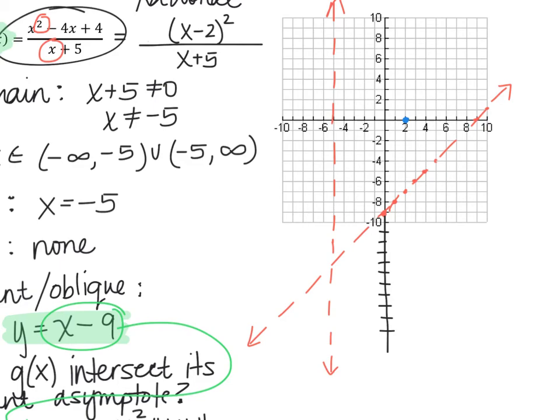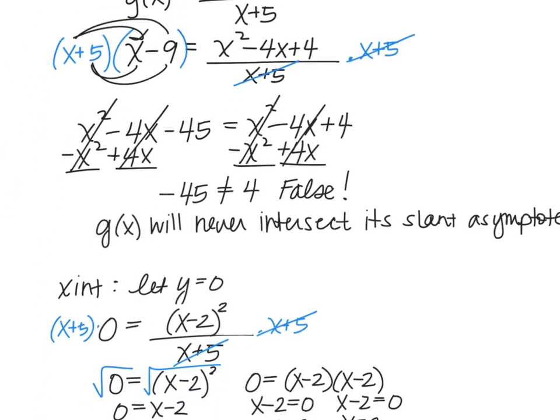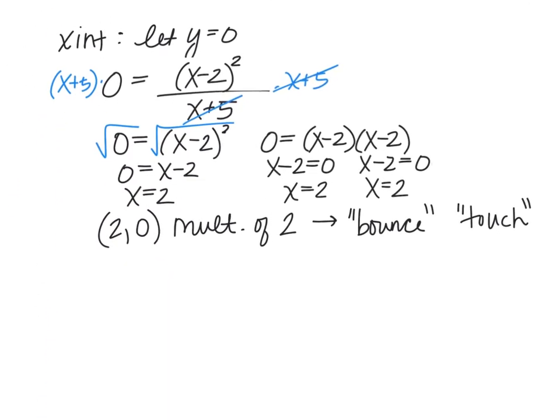And lastly, let's get that y-intercept. And once again, when you're finding the y-intercept, you're letting x equal 0. So you're basically finding g of 0 in this case. You can use the original function, x squared minus 4x plus 4, or you can use the factored form.